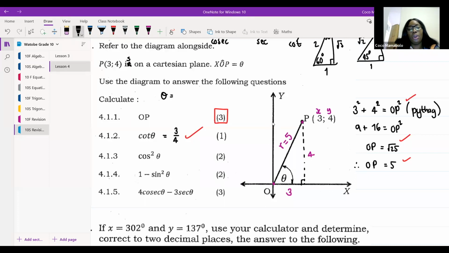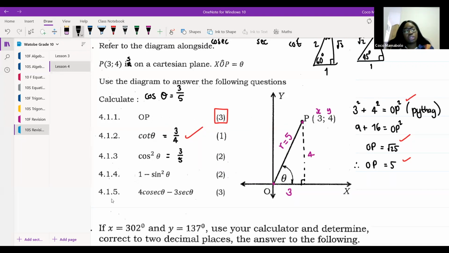Not tan, this time we just want cos of theta. It's going to be adjacent over hypotenuse, or x over r. My adjacent to my theta, or my x value, is 3, over my hypotenuse, or my r value, which is 5. So cos of theta is going to equal 3 over 5.